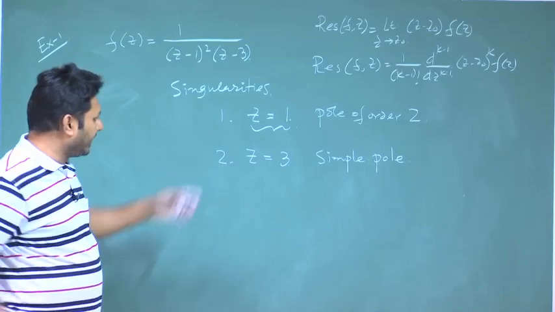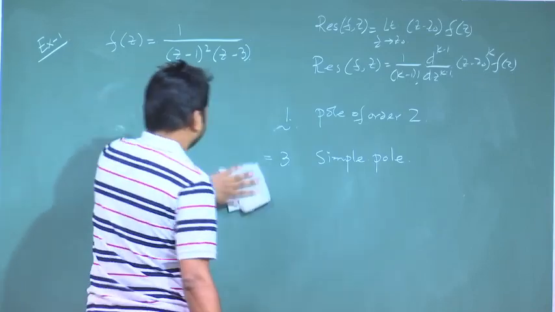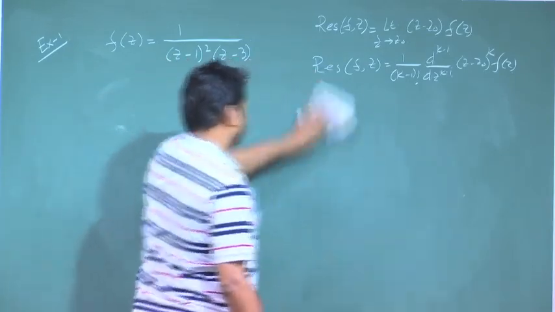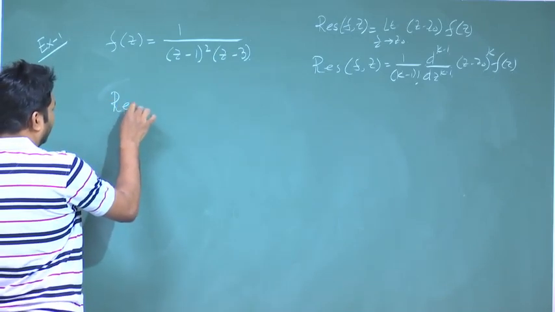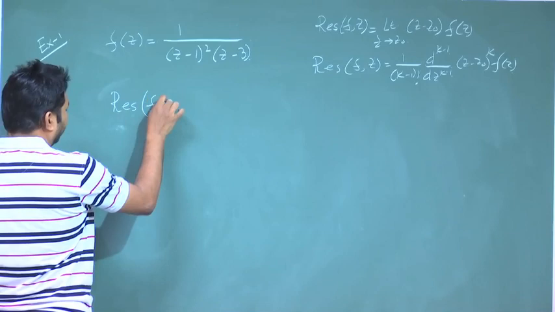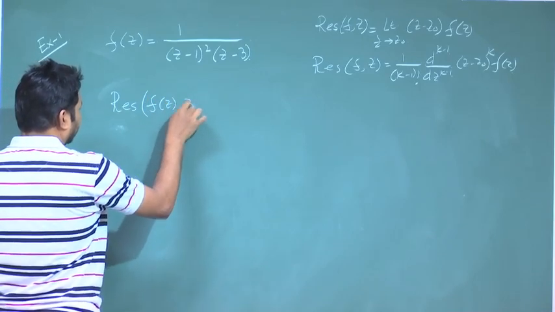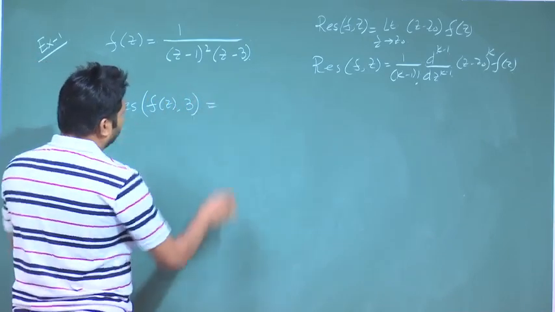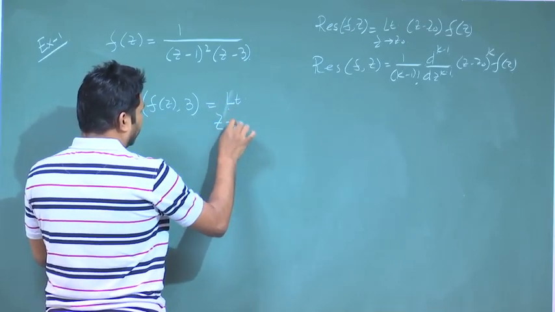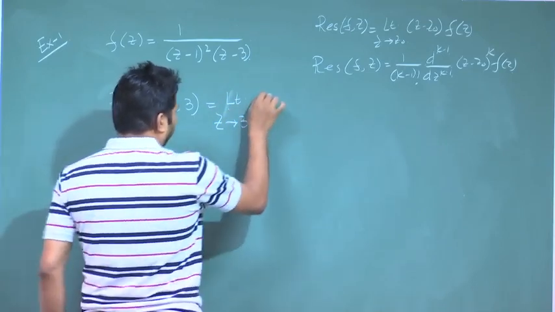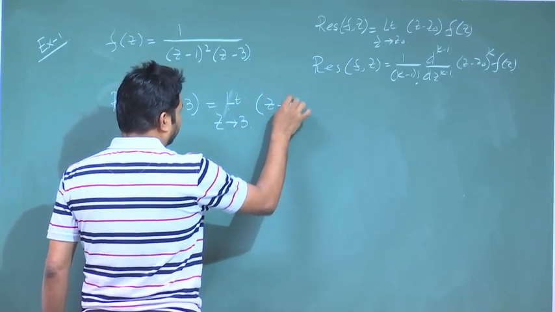So, let us first find the residue at 3, and mathematically it should be written as residue of the given function f(z) at 3. What is the recipe? I take the limit z tends to 3 and multiply the function by z minus 3.